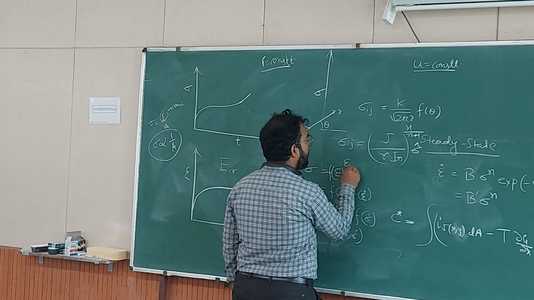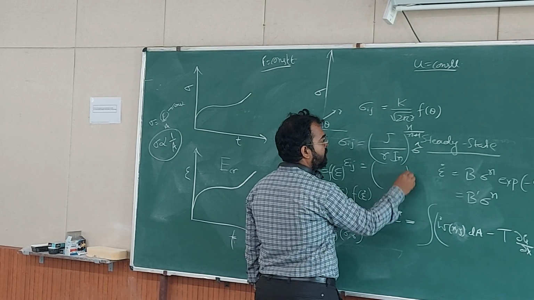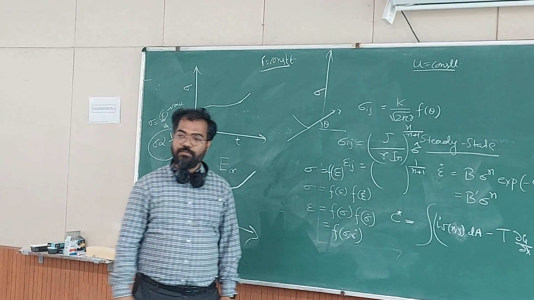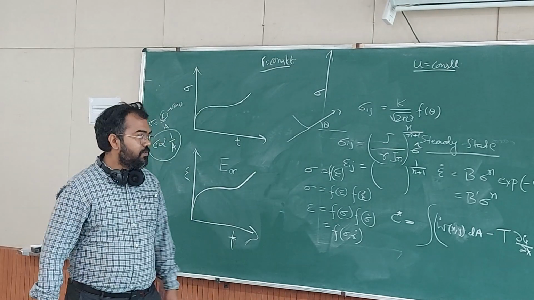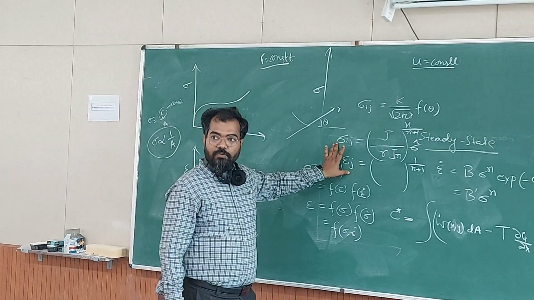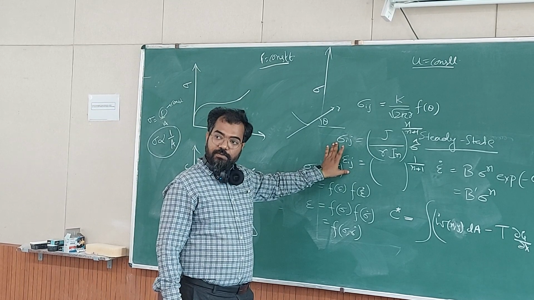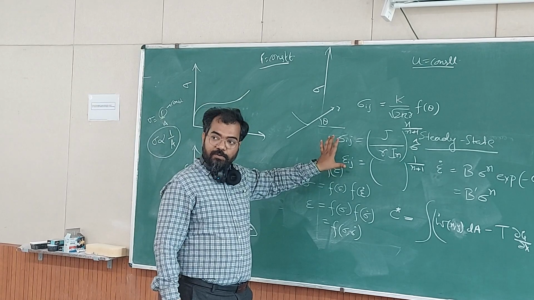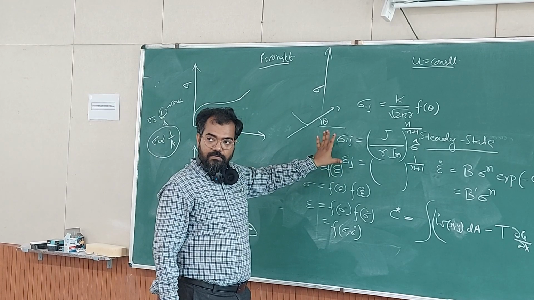And similarly strain was a similar function of 1 by n plus 1. So when we use J integral, then these two equations tell us what is the stress and strain in the plastic zone, and these two are obtained by using Ramberg-Osgood equation.